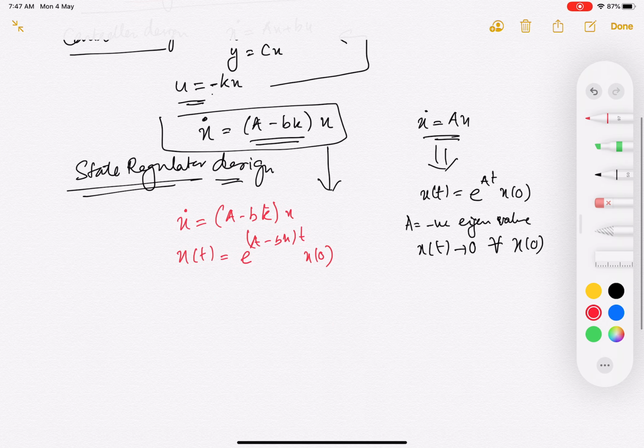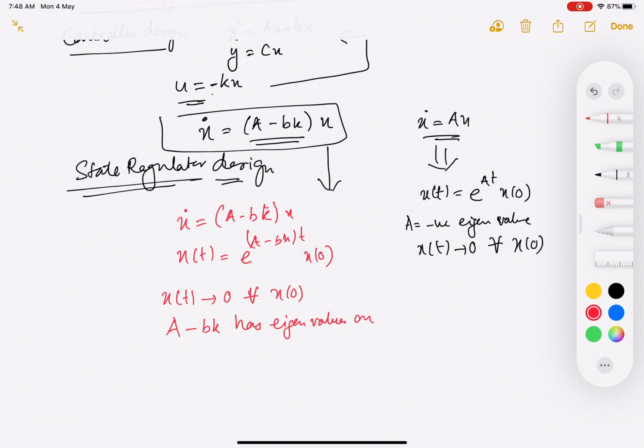And naturally, because you want stable behavior, this means that x(t) would tend to 0 for all x0, because you have ensured that a minus bk has eigenvalues on the left half plane.